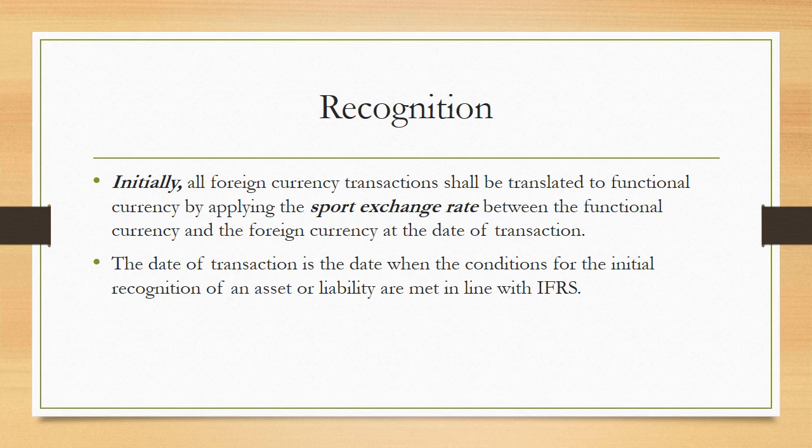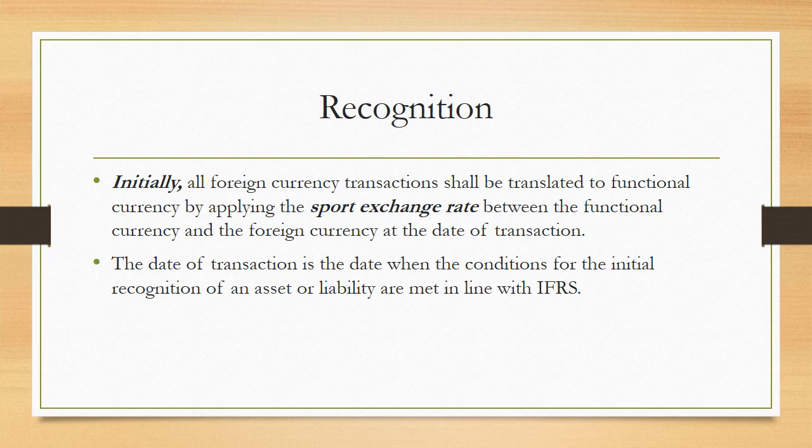How are these recognized? Initially, all foreign currency transactions shall be translated into the functional currency by applying the spot exchange rate. The rate that exists on the date when the transaction took place. So we call that the rate between the functional currency and the foreign currency at the date of transaction.